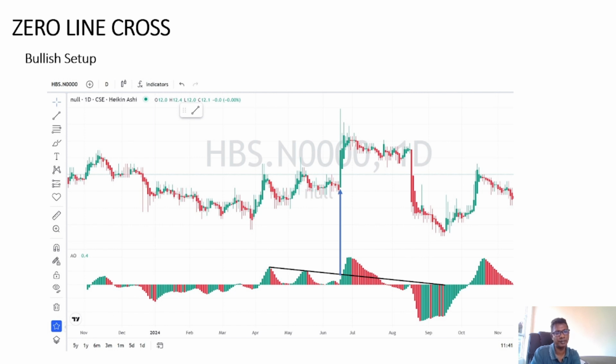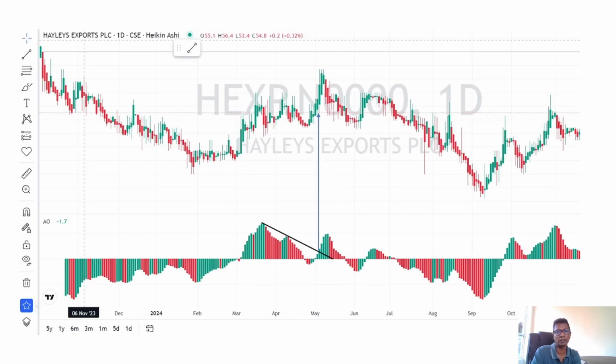Now, for more clearance, I am taking a second chart. Now, in this chart, it's very clear. There are two peaks above the zero line, the first peak and the second peak. The first peak is very high, the second one is shorter, and I can put a sloping line to the zero line cross.